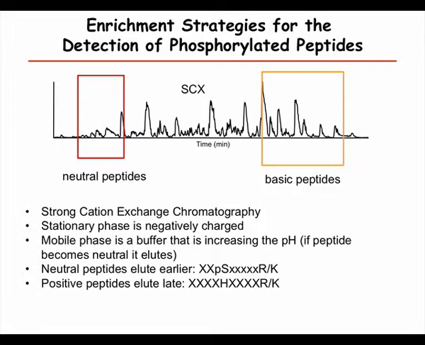And then the same with strong cation exchange. So there are many different ways to separate. The phosphosite is negatively charged, so the unphosphorylated peptides will be more basic, and the phosphopeptides will be slightly more neutral, so they will come out earlier.